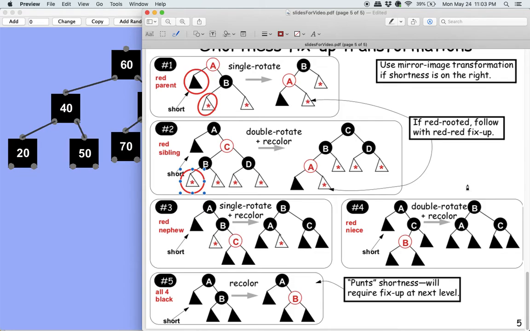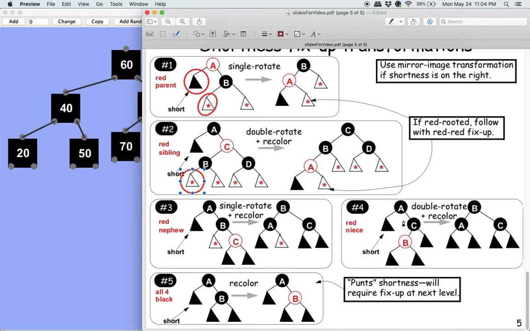The fourth case. In the fourth case, here's where we have the red niece. So here, the niece is sitting here. It's kind of jigging in. In this case, there's a double rotation.